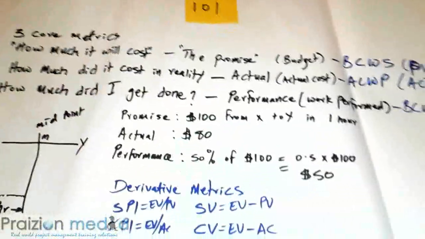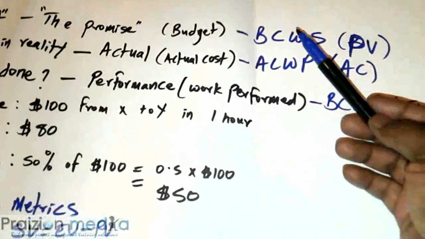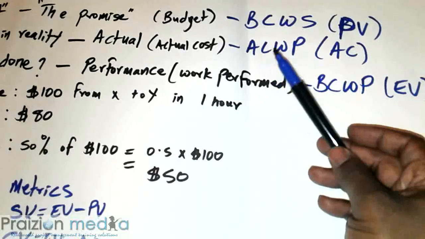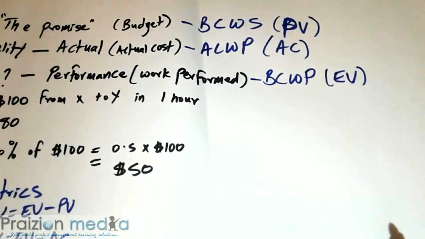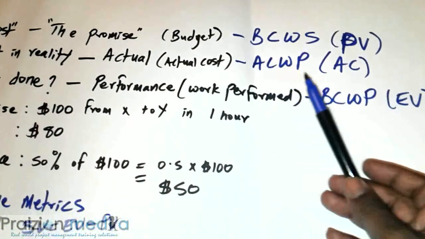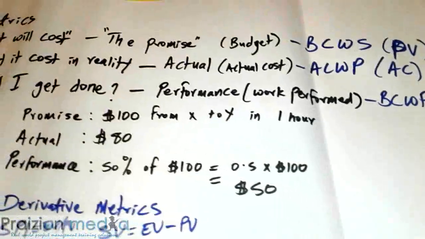Okay? So, to better understand earned value, I would highly advise you to get acquainted with your BCWS, ACWP, and BCWP. Think about what they mean. Budgeted cost of work scheduled, actual cost of work performed, and budgeted cost of work performed.